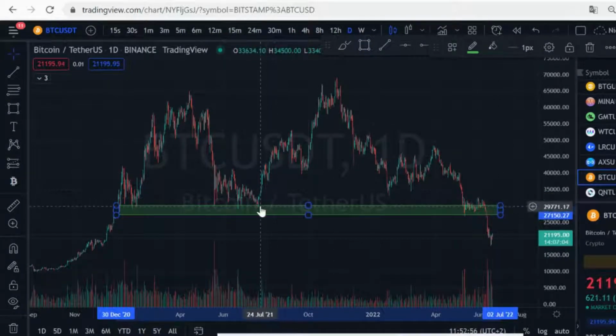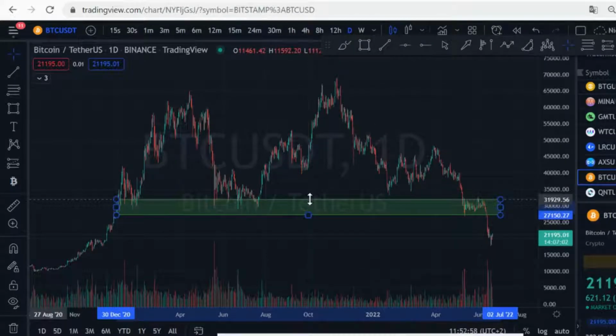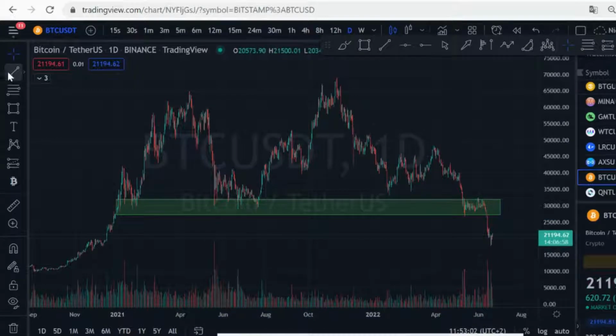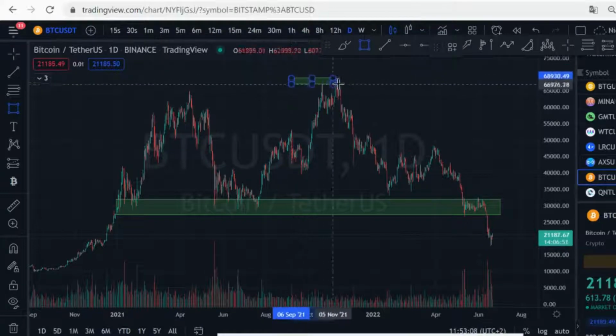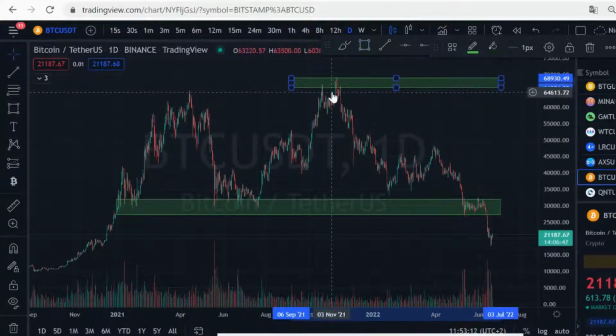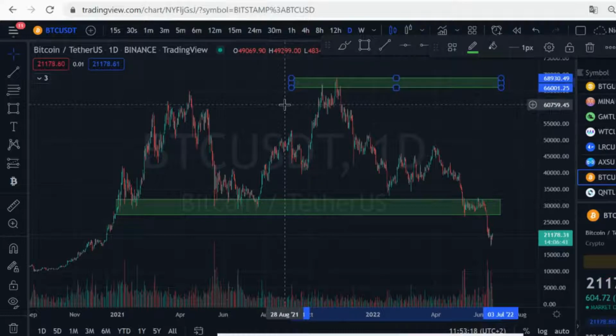This was a very important area for Bitcoin. So the next thing, of course, is this top here, because here Bitcoin found its master last November. The master was nearly at 70,000 US dollars.